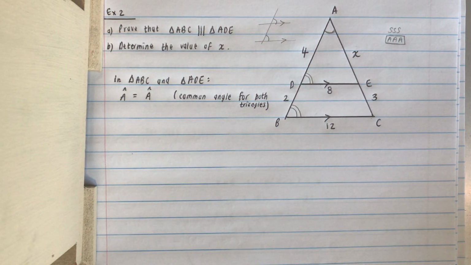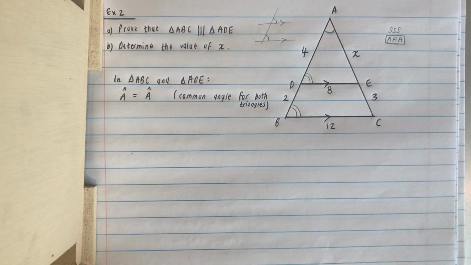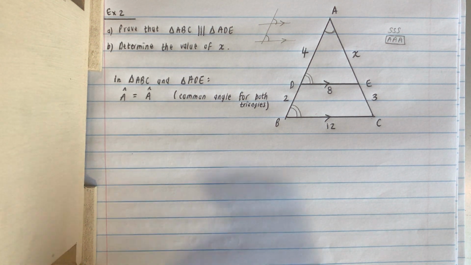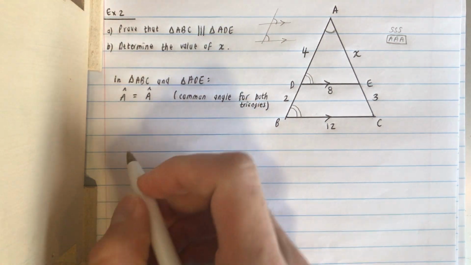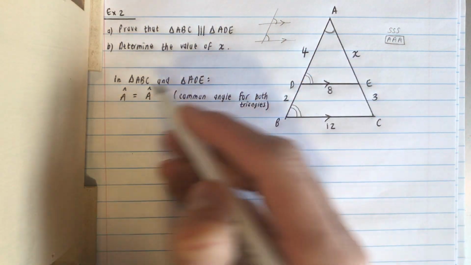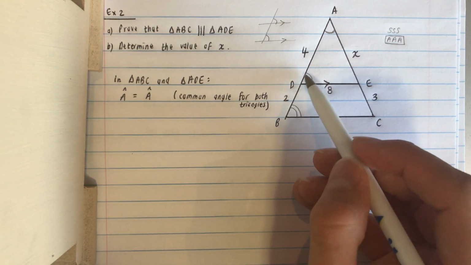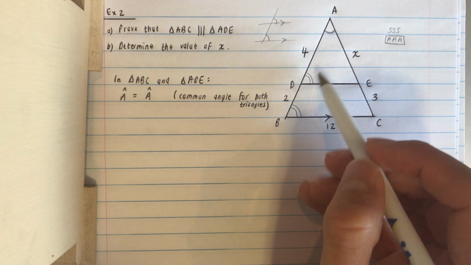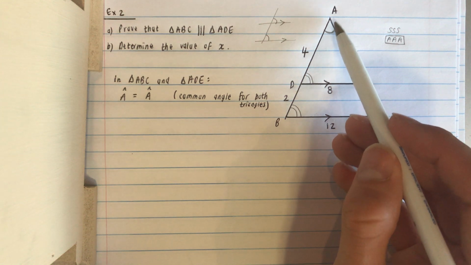Okay, so it's called the corresponding angle rule. Okay, so we will say that angle ADE, don't just say angle D, because it can be this angle or it can be that angle. So we have to be specific.